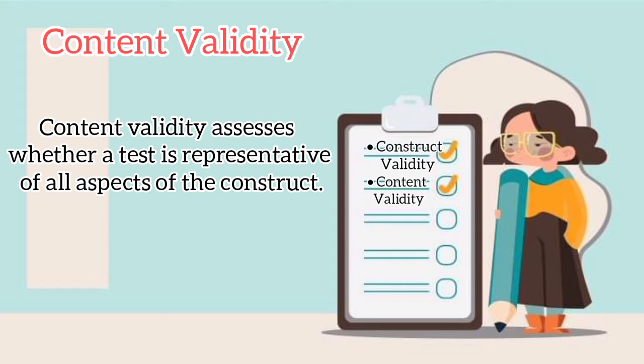Similarly, if I include questions that are not related to statistics, the results are no longer a valid measure of statistics knowledge. Here is an example of a test that has bad content validity.